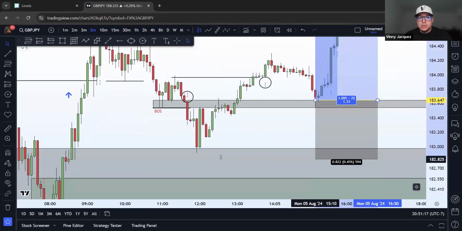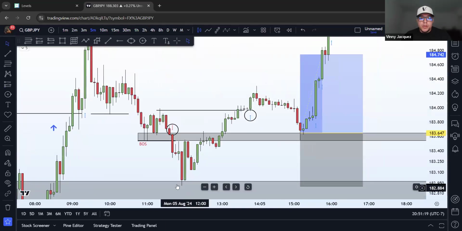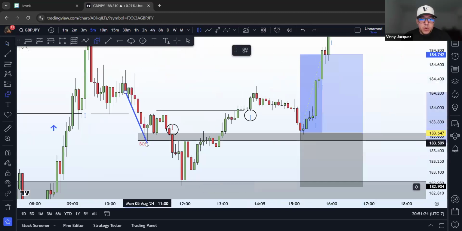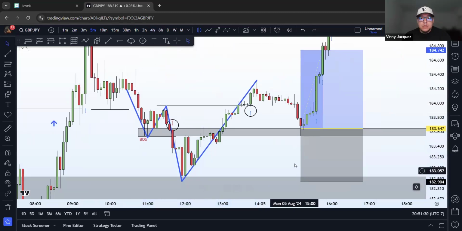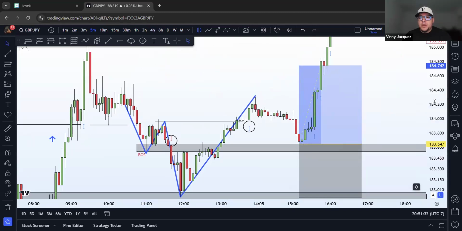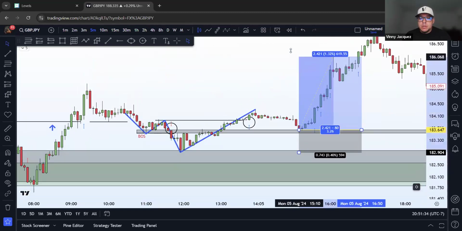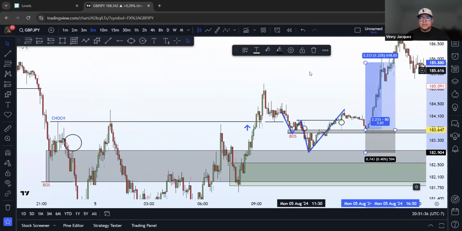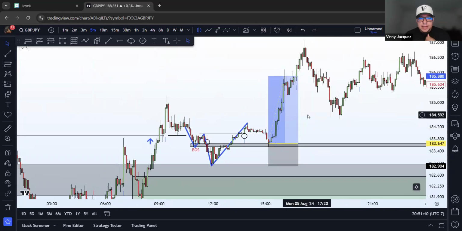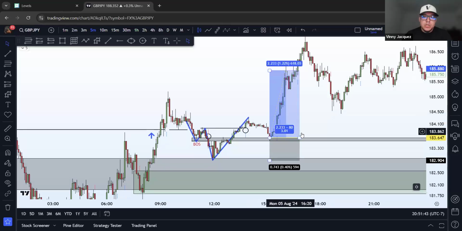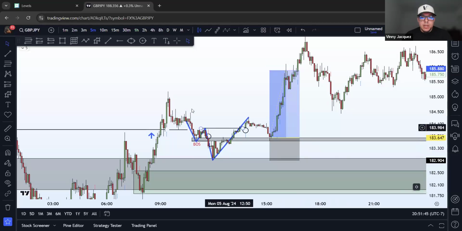Super fire. Whether you got in here or not, it doesn't even matter. Why? Because the market gave you another one back to back. Let's say you didn't get in right there. Who cares? Market gave you another opportunity. Did we smack 1 to 3? Yes. Absolutely, we did smack 1 to 3. That's really, really good movement, right?